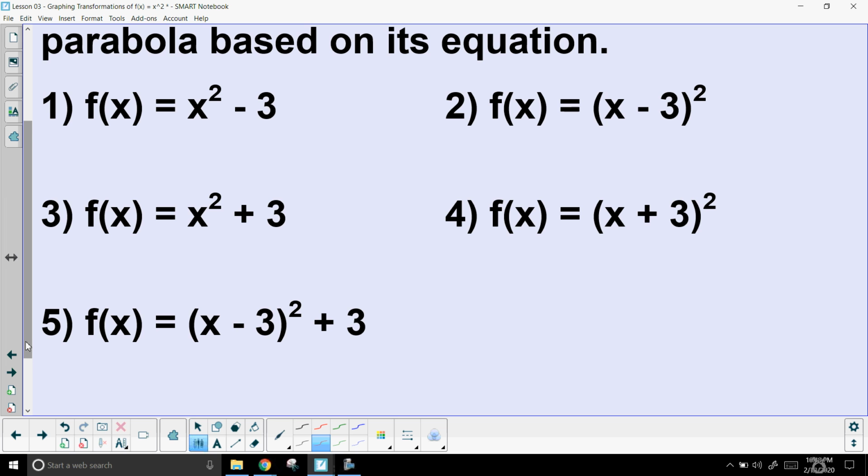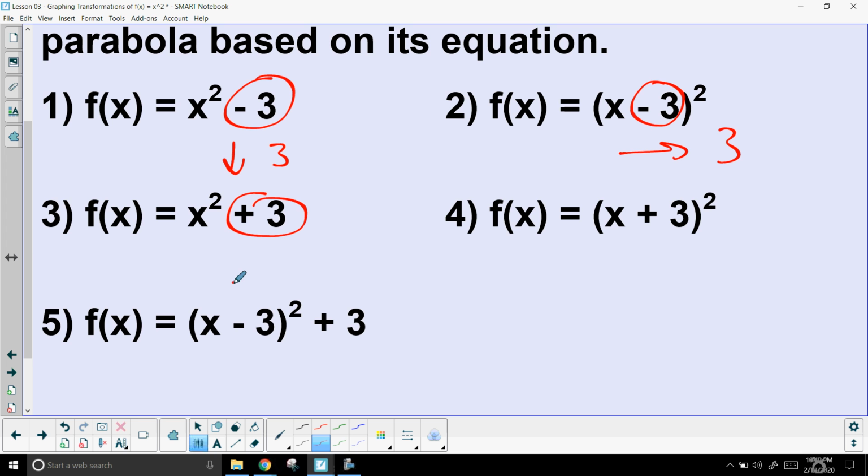All right, here we go. I'm going to keep it real quick and simple. We're subtracting 3, so we went down 3. We're subtracting 3 in the parentheses. That means we went to the right 3. Positive 3, we going up. Positive 3 in the parentheses, we're going left.